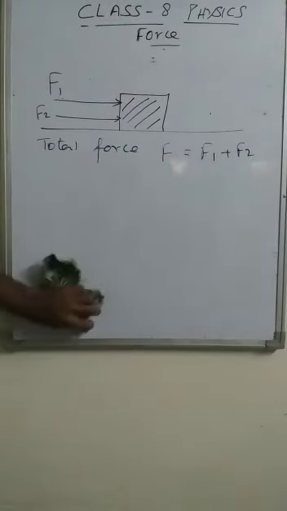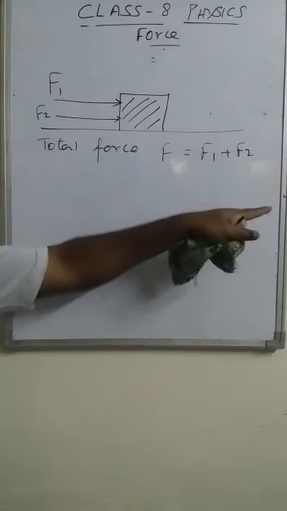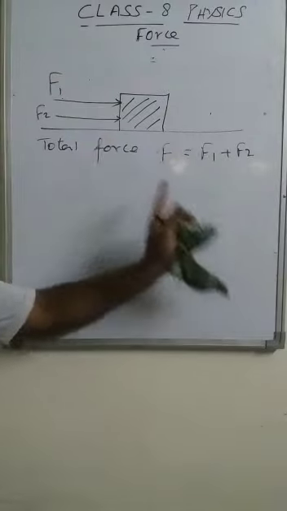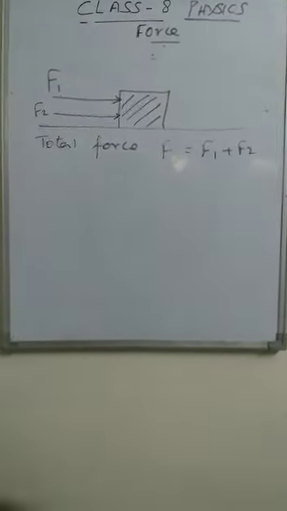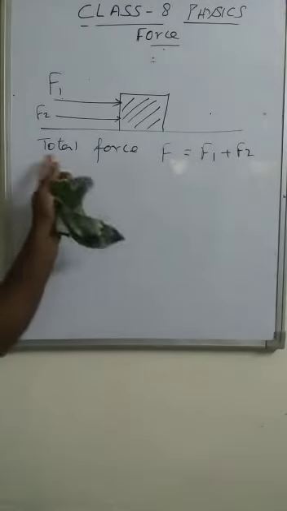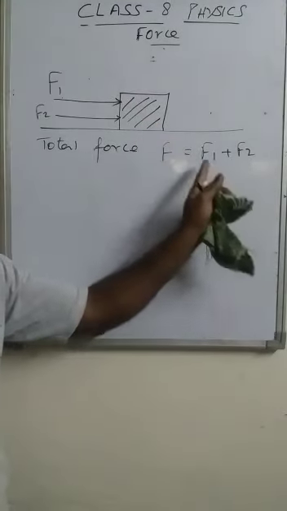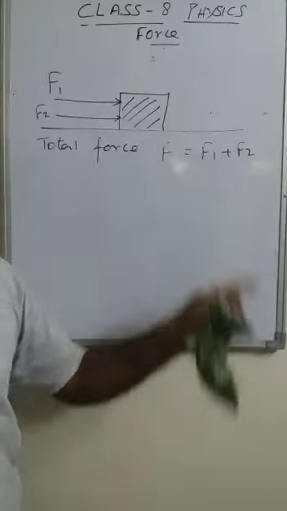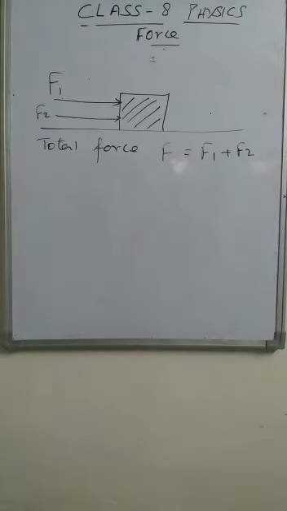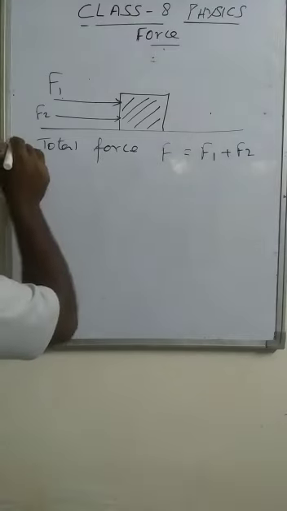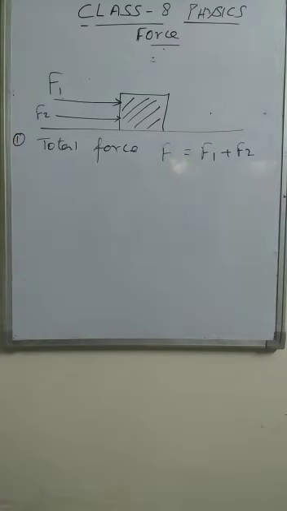That is the total force acting on this object. The conclusion is, whenever two forces are applied on any object in the same direction, the total force is calculated by taking the addition of the magnitudes of the forces. This is when the two forces are applied in the same direction.